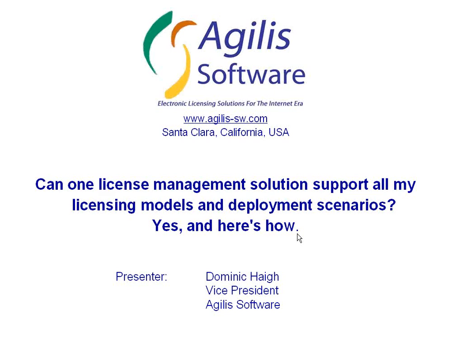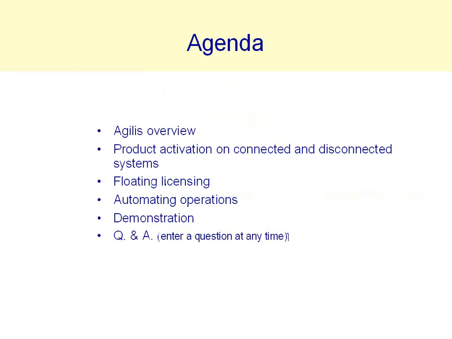First of all, a quick overview about Agilys, and then talking about product activation and what that means, which is fairly well understood on connected systems, but then what about some of those corner cases, the one or two customers you might have where they don't have a network connection, they have regulations or controls, rules about letting information out of their premises and so forth.